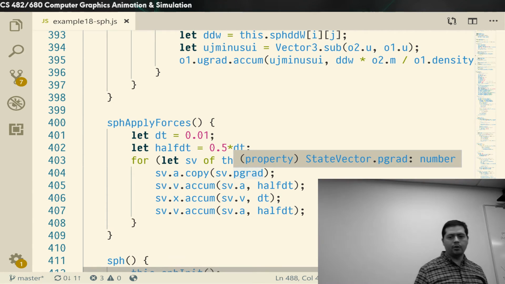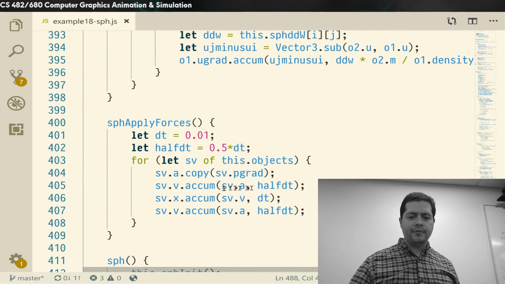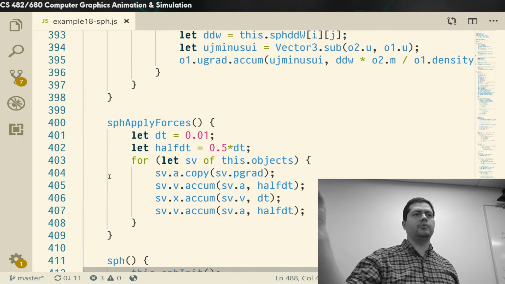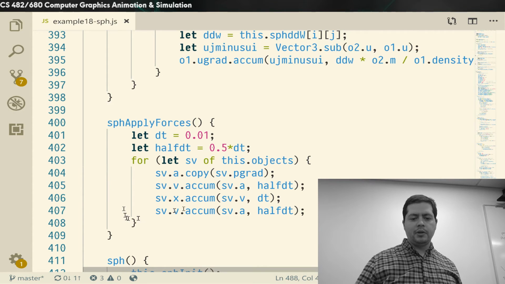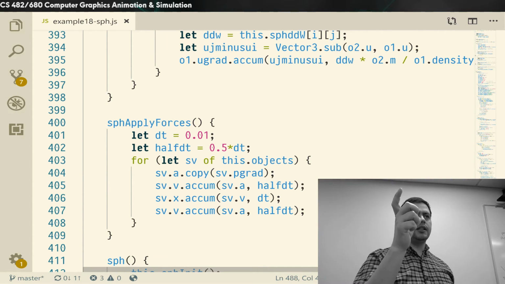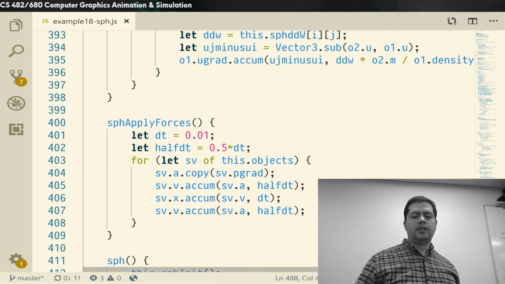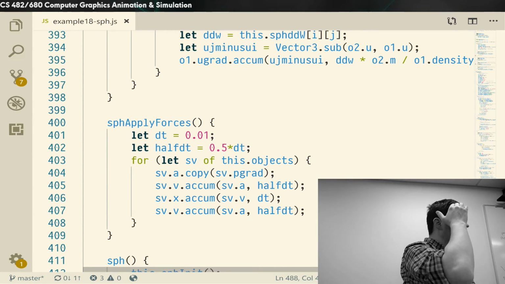And if we go half a time step, so we accumulate the acceleration half the time step, and for the velocity, we take half of the acceleration and apply that to the velocity. Then we apply the velocity for the entire time step, and then we apply the other half of the acceleration to the velocity.